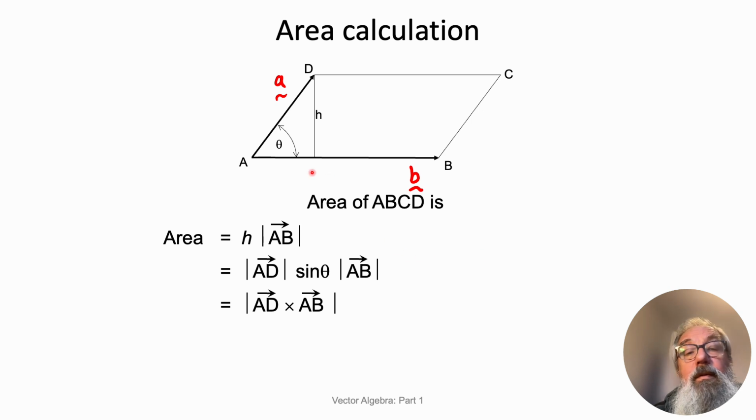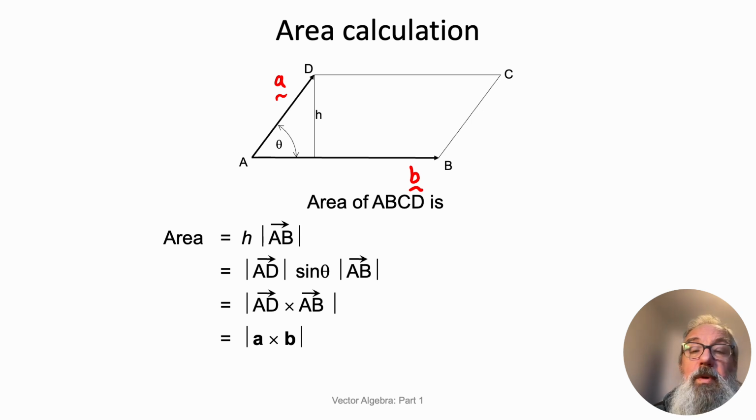One other thing we can do with vectors and the cross product is calculate the area of a shape, the area of a parallelogram. So you know that the area of a parallelogram is the height times the length, and the height can be calculated as AD sine theta, or vector A sine theta. So the cross product gives us that area: the cross product of 2 vectors as the sides of a parallelogram.